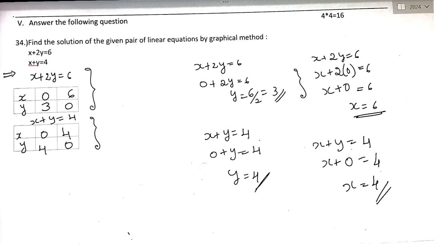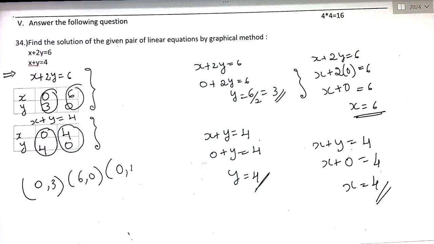Those 4 points are 0, 3; 6, 0; 0, 4; and 4, 0.